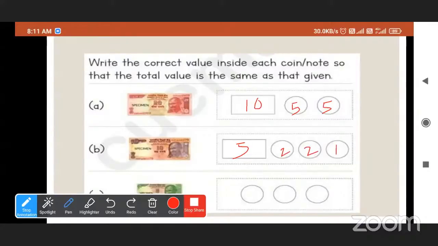So 5 plus 2 plus 2 plus 1 is 10 rupees. Very good. Now see the last one. 5 rupee note is given. So we have to split it into three coins. 2 plus 2 plus 1. 2 plus 2 is 4. 4 plus 1 is 5. Very good.